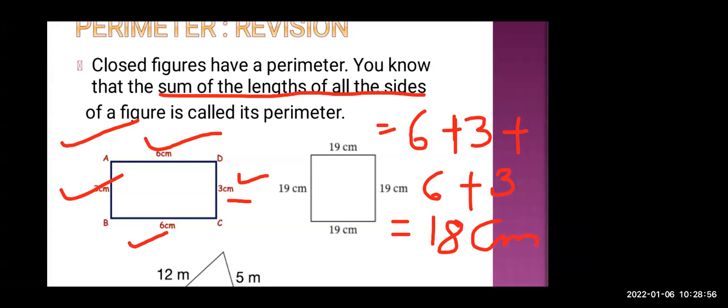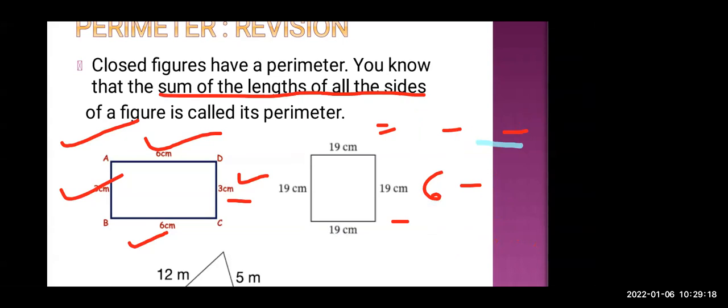What is perimeter? A closed figure has a perimeter. Now, the definition of perimeter is the sum of the length of all the sides of a figure. चारों साइड जो फिगर का है उसको ऐड करना है, वो होता है हमारा पेरीमीटर ऑफ अ पर्टिकुलर figure.